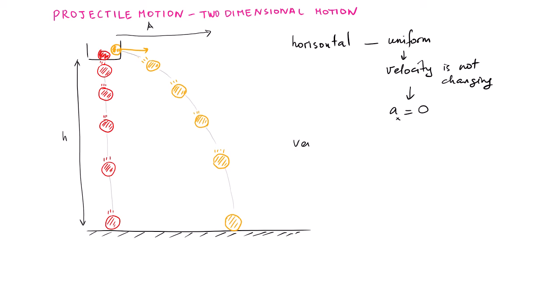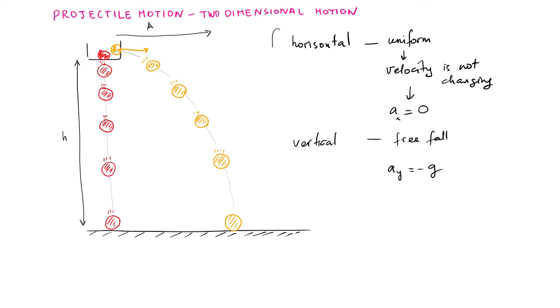So the vertical motion for the yellow ball is actually a free fall, which means a_y equals negative g.